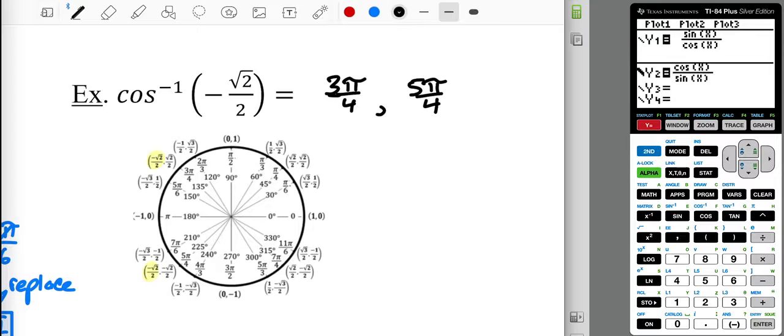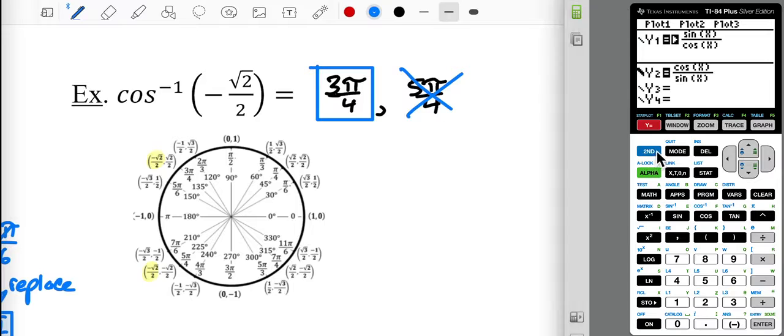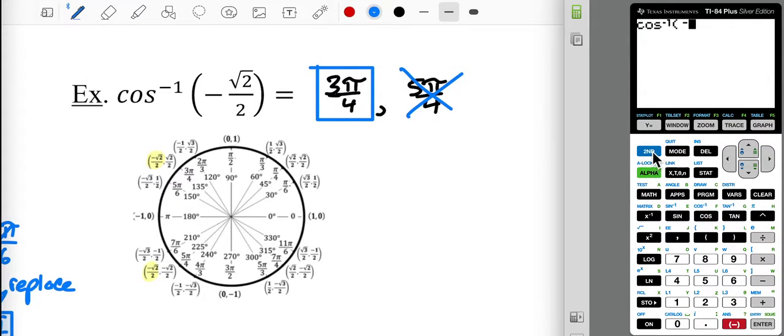So there's no way we're going to get the 5 pi over 4 in that domain, even by finding coterminal angles, so we dismiss that one. The only relevant one would be the 3 pi over 4. We could also put it in the calculator. Radian answers always come up a little funky in the calculator, but there's a way around that.